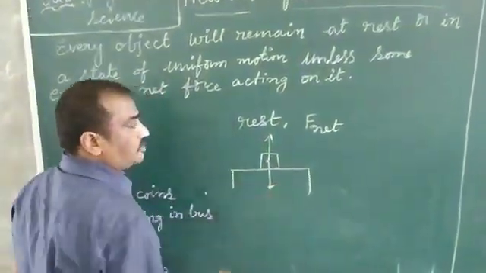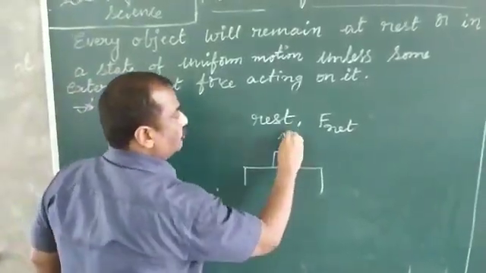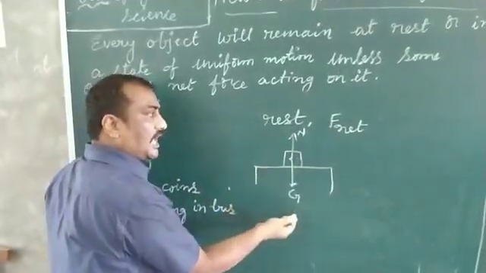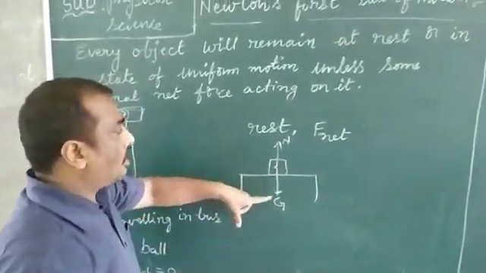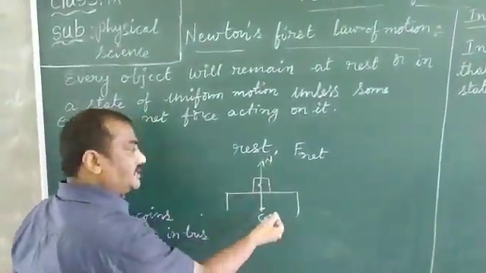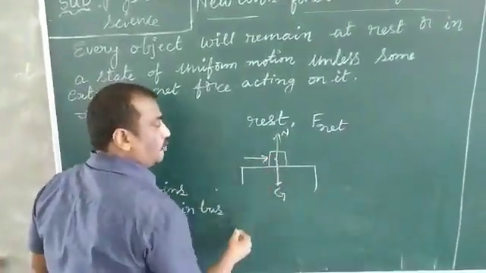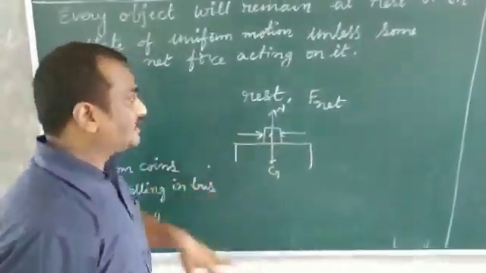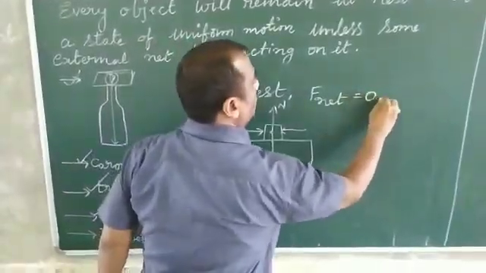One is gravitational force, another is normal force. What is the net force acting on it? Two forces are acting in opposite directions with equal magnitude, so the net force is 0. Applied force and friction force: if we apply some force, friction force also applies. In that case also, F net is 0.